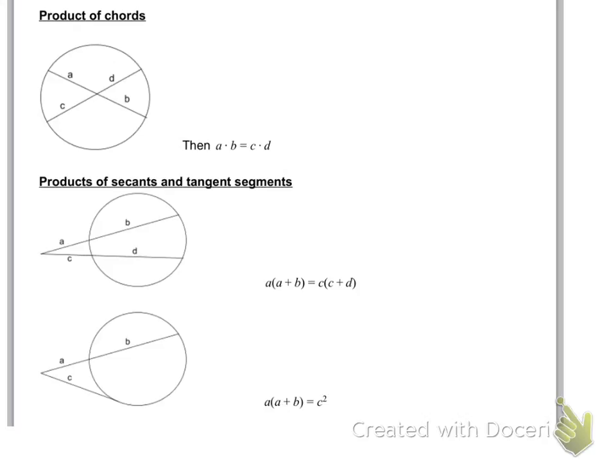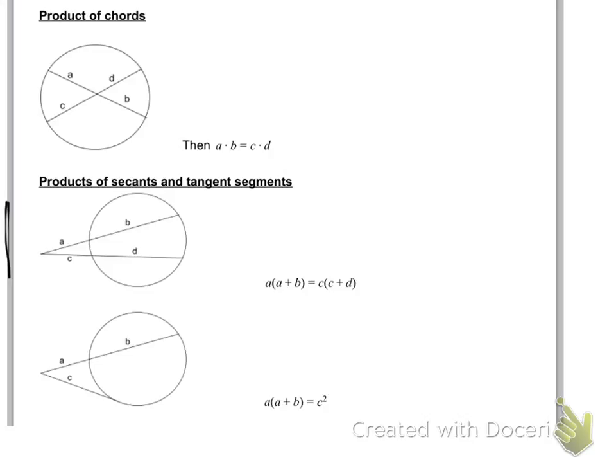But what happens if I do products of secants and tangent segments? This time, the first example is just 2 secants. They cross outside, versus the second one, which has a tangent line.